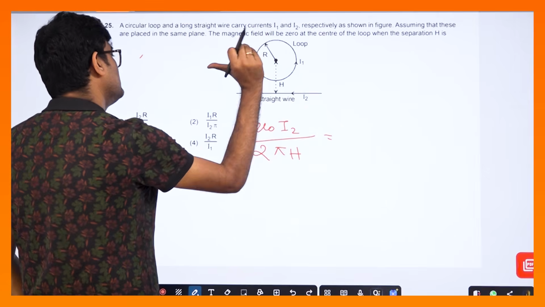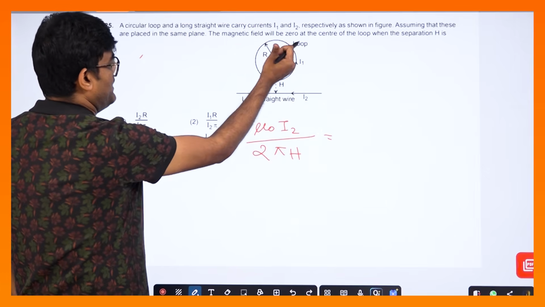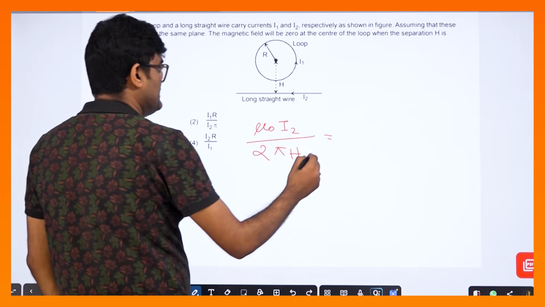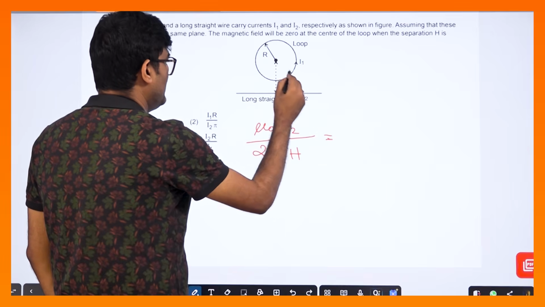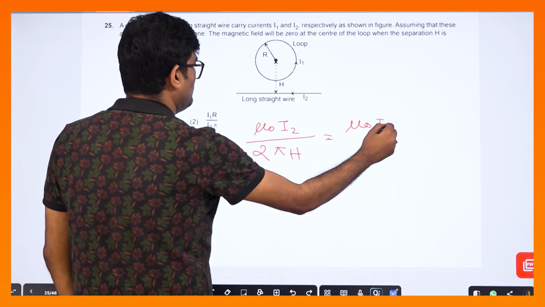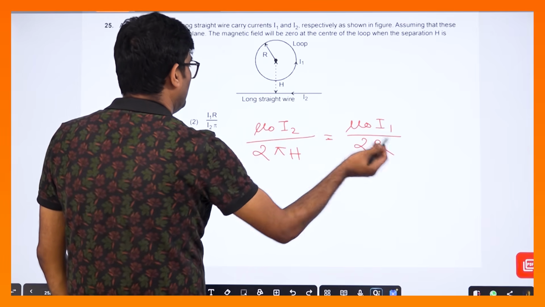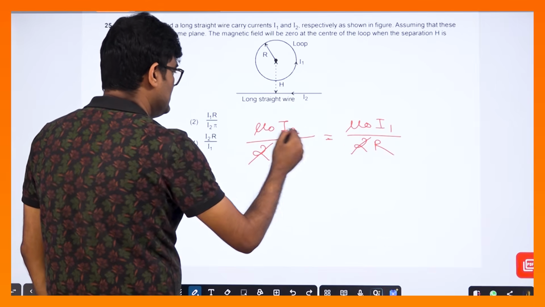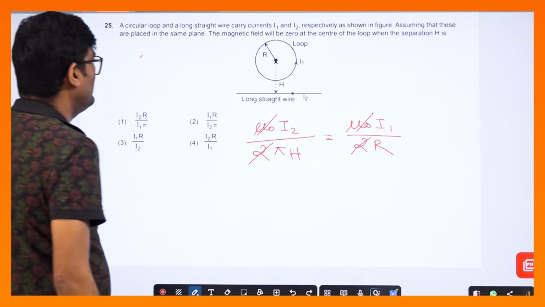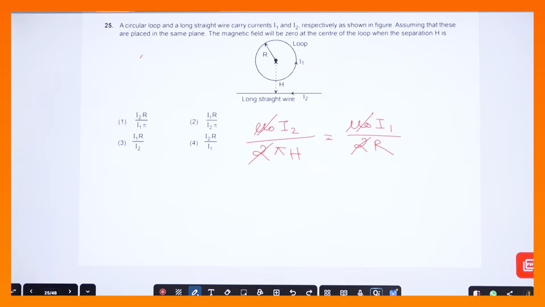As if the magnetic field is going down and this magnetic field is going up, so they can cancel each other. For the center of the circle, the magnetic field is mu naught I by 2r, right? You can balance these two, and I can find the value of H. The value of H is equal to capital R by pi, I2 by I1, right?